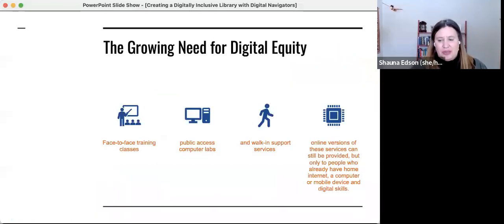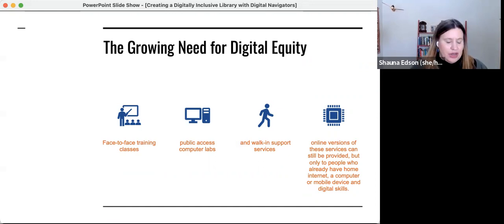So the pandemic put a spotlight on the massive public need for trustworthy digital inclusion services and drew much needed attention to digital inequities. At the same time, the pandemic response shut down or severely reduced the ability of libraries and other community organizations to offer their existing digital inclusion programs and services.